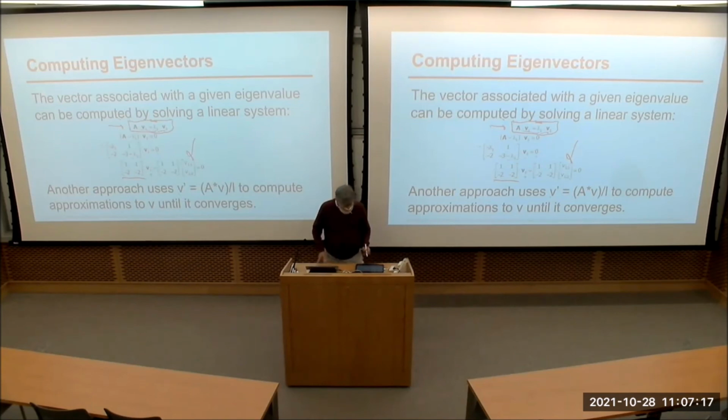You can use this as an update rule. You guess what the vector is, which gives you an approximation. You then plug that back into this equation, multiply by A and divide by the eigenvalue. The hope is that this way you can quickly converge on the vector.